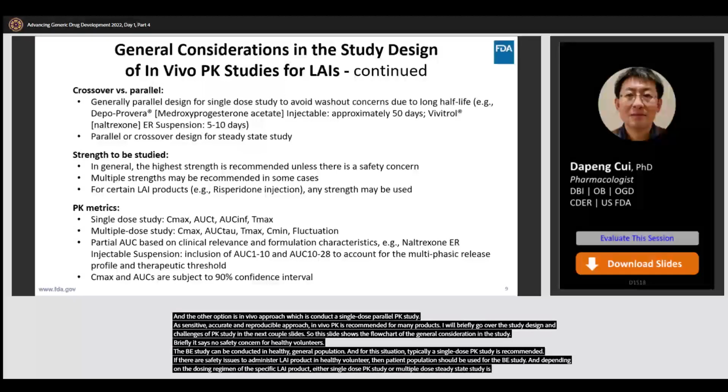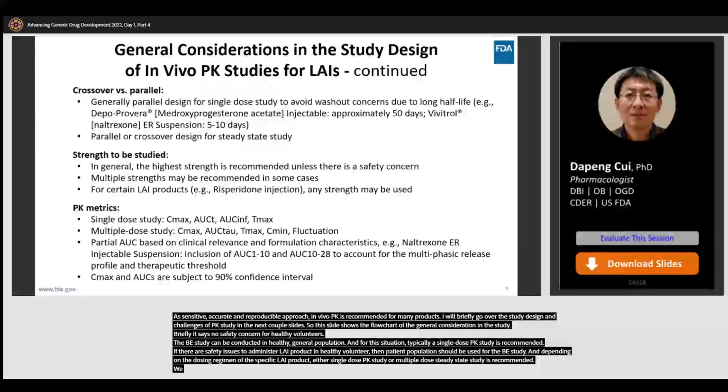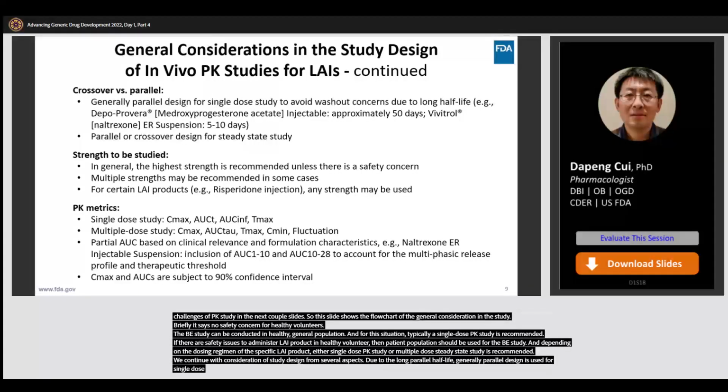To continue with the considerations of study design from several aspects: due to the long apparent half-life, generally a parallel design is used for single-dose PK studies of LAIs, considering the time needed for complete washout. And for steady-state PK studies, a parallel or crossover design may be recommended.